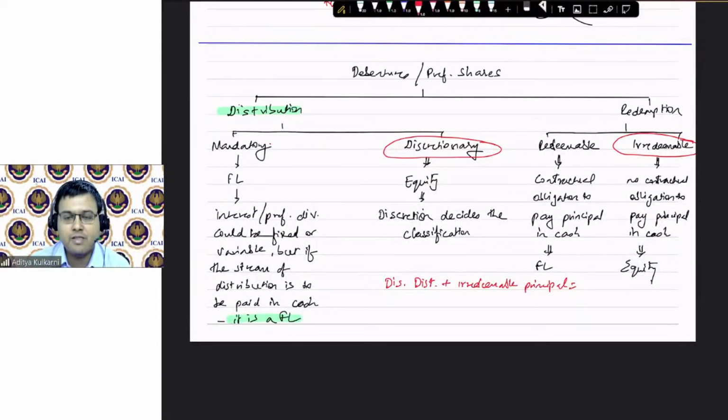The interest on these debentures is discretionary as per the terms of the contract, and the principal is never going to be redeemed.